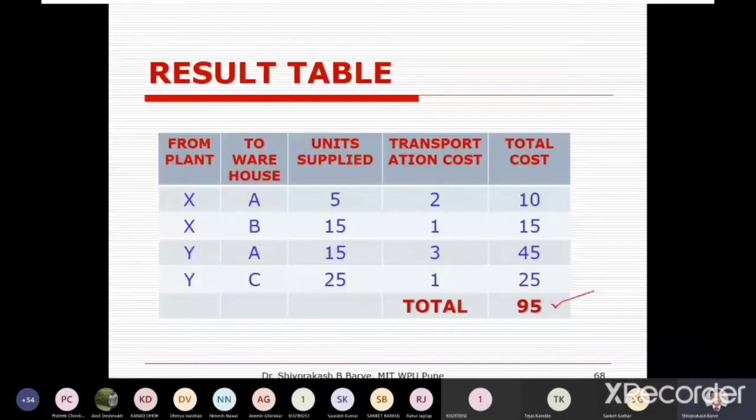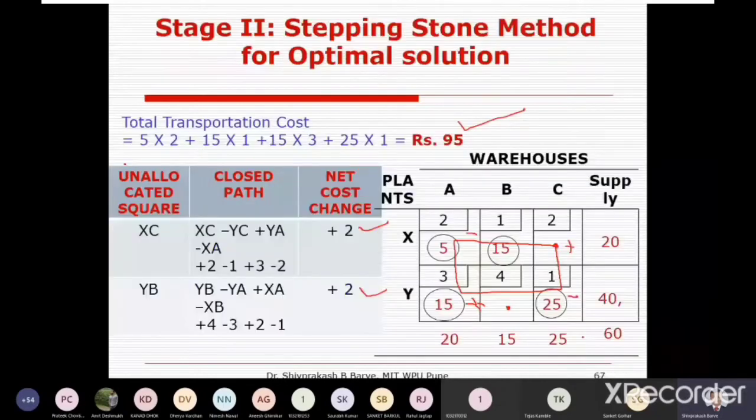So this is the answer, and you have to prepare the result table like this. So it is giving meaningful information about the transportation cost. Otherwise, if you are not writing this table and if you are leaving this problem in between like this, this is an incomplete problem and readers will not get any information from this table.